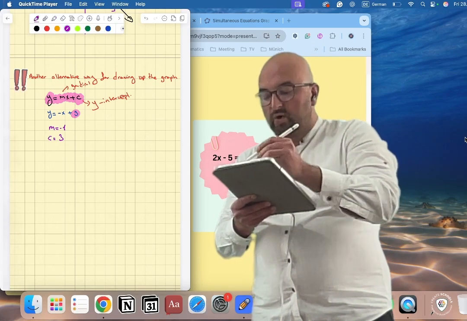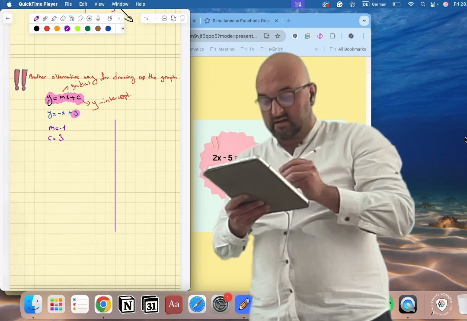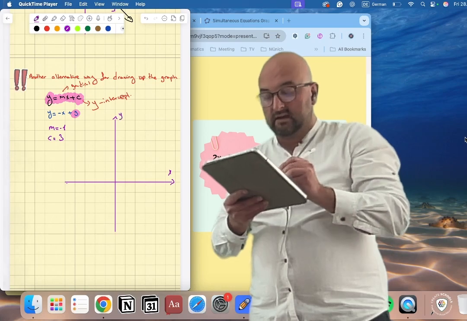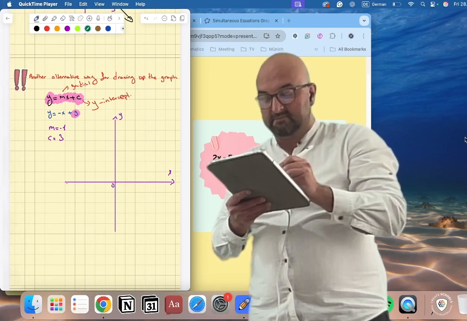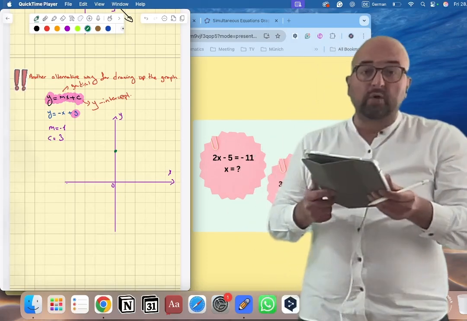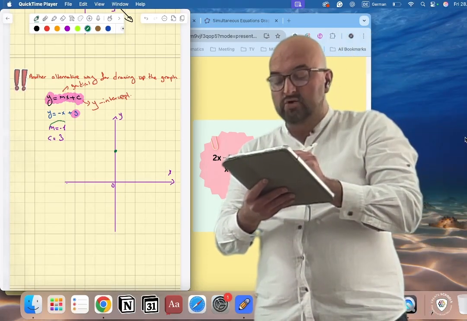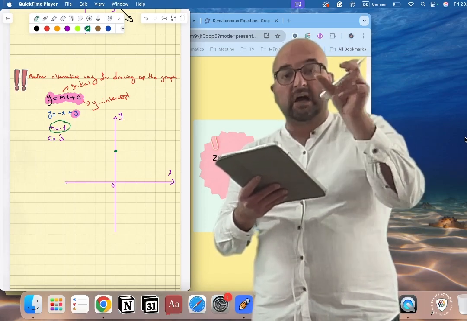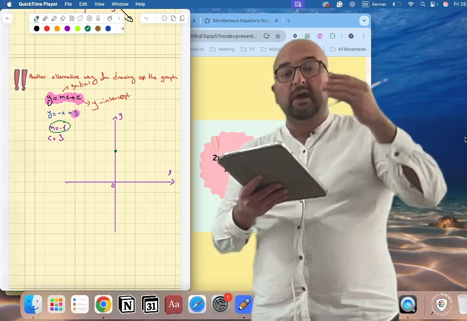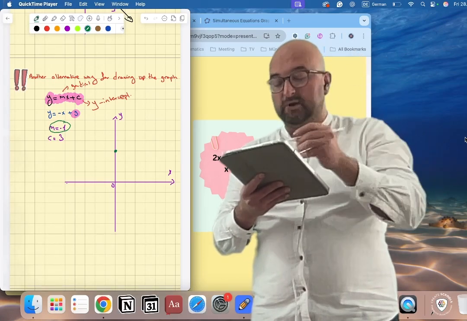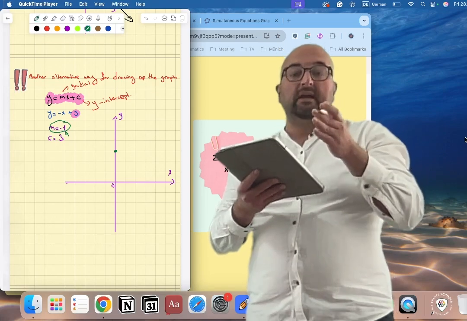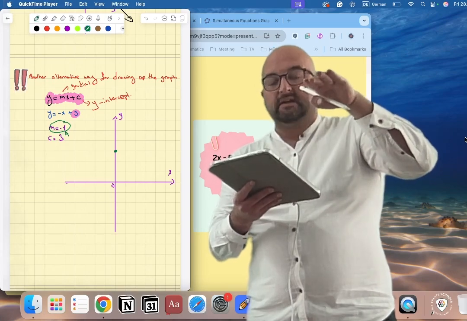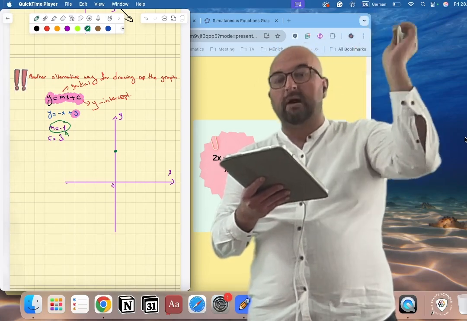And you can draw a pair of axes. Firstly, you need to find the y-intercept, which is positive 3. And if your gradient is negative 1, it means you need to move from the y-intercept 1 unit down and 1 unit right, because it is negative 1. If it was positive 1, it would mean 1 point up and 1 point right.